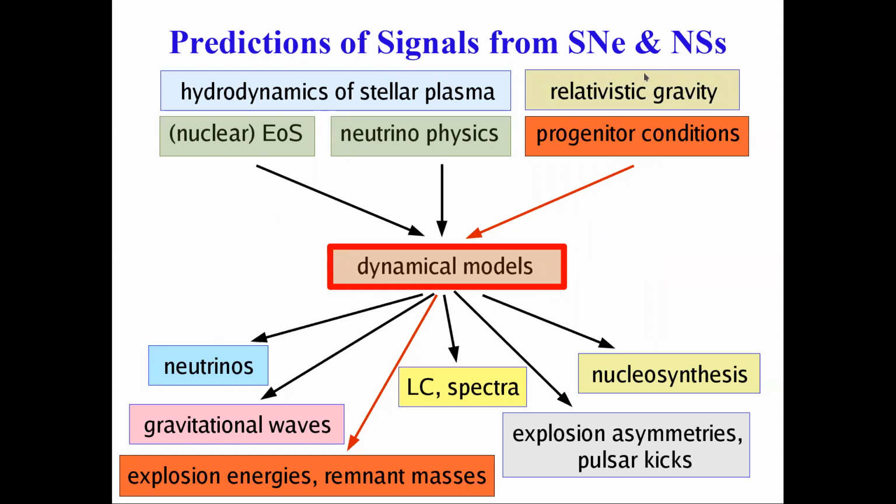We need to take into account general relativity, nuclear physics, neutrino physics, and neutrino transport. And of course, we need to start with initial conditions, the conditions coming from progenitor evolution. All that enters these models, and then running the simulations long enough, we can predict neutrino signals, gravitational wave signals, explosion energies, the remnant masses, light curves and spectra, asymmetries of the ejecta, pulsar kicks, nucleosynthesis.